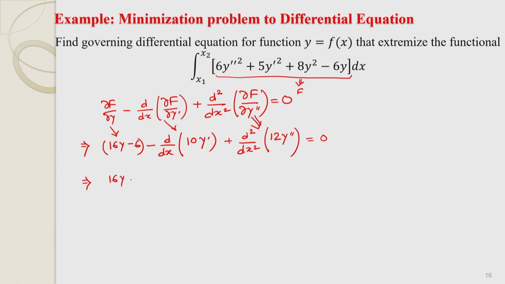That is 16y minus 6 minus 10y double prime plus 12y.